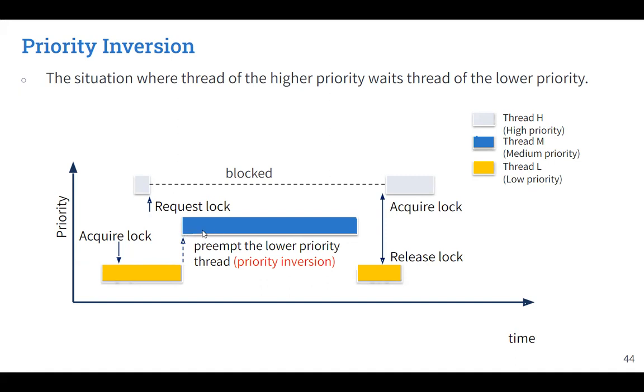Because it has higher priority than the yellow one, it preempts the yellow one and gets the CPU time. But because the highest priority thread is waiting for the lock held by the lowest priority thread, although the highest priority thread should be scheduled first, the middle thread is actually getting CPU time. We call this priority inversion, and we want to avoid this.